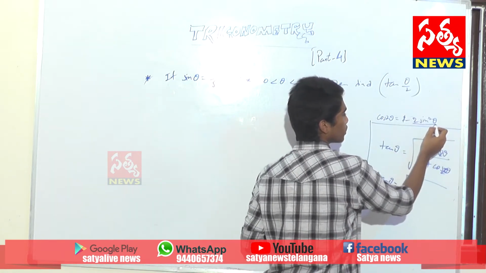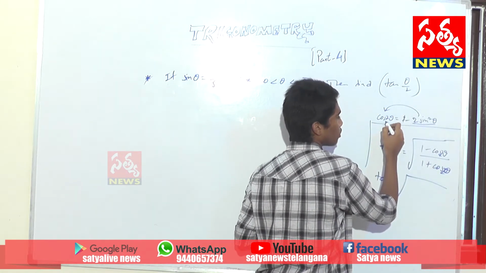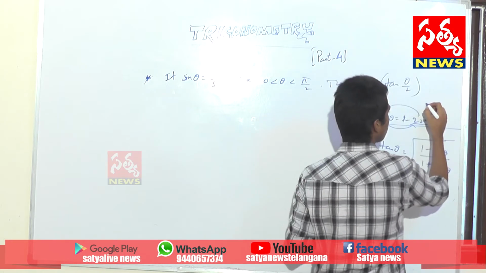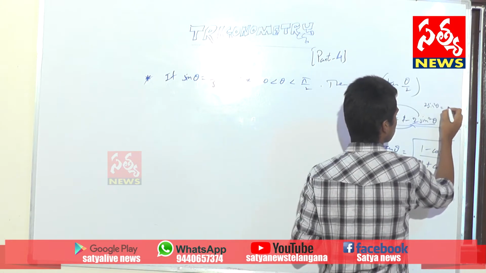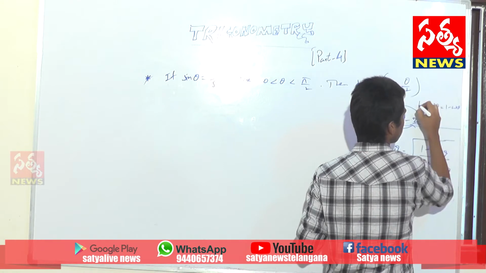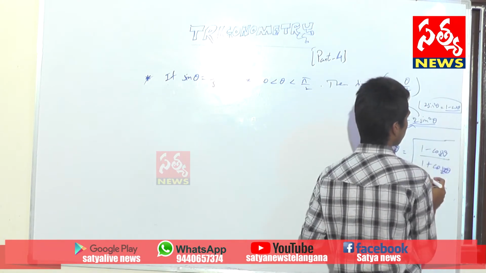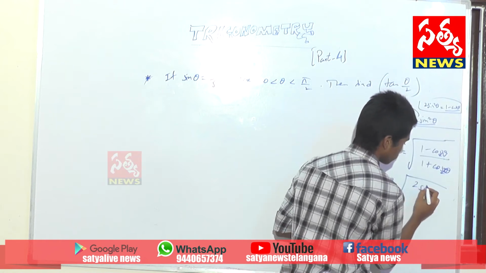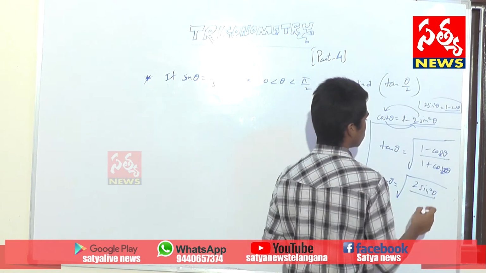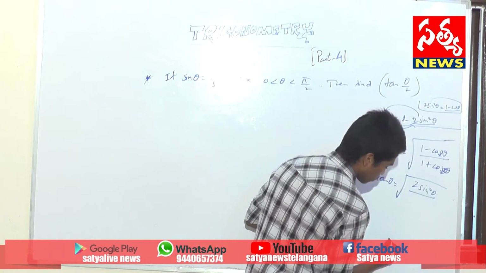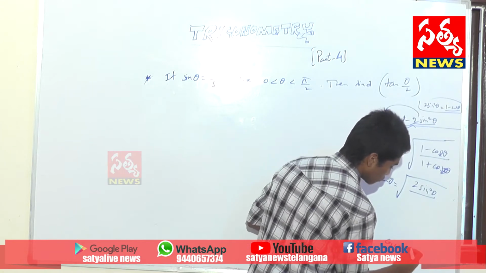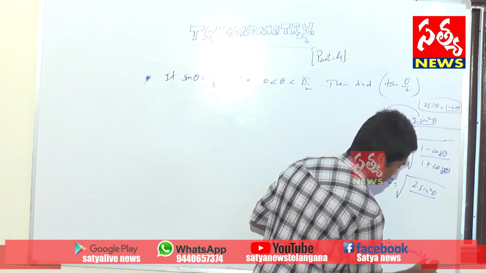If we take 2 sin square theta to the RHS and cos 2 theta to the LHS, we get 2 sin square theta is equal to 1 minus cos 2 theta. So in place of 1 minus cos 2 theta, we can write 2 sin square theta. Similarly, cos 2 theta is equal to 2 cos square theta minus 1.